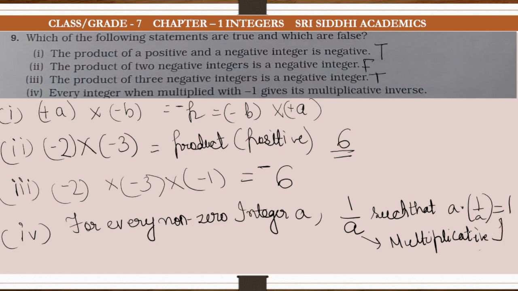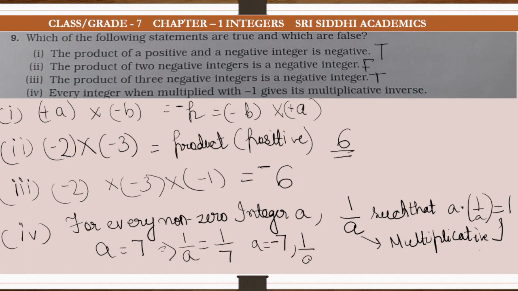So what it is saying is that every integer when multiplied with minus 1 gives its multiplicative inverse. No, it is the reciprocal of the integer. Let's say a is equal to 7. Then what will be the multiplicative inverse of 7? That will be 1 by 7. Similarly, what will be the multiplicative inverse when a is equal to minus 7?